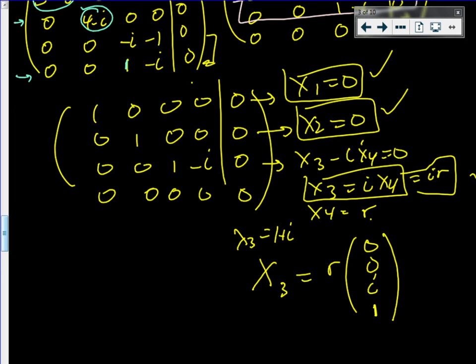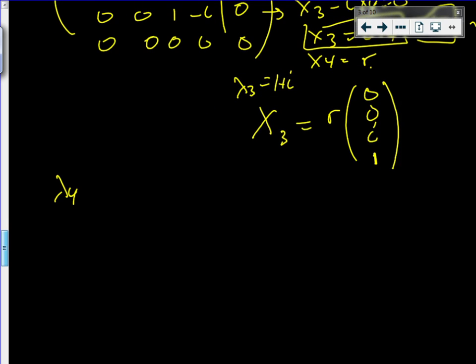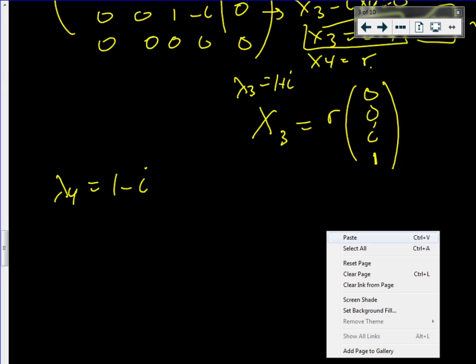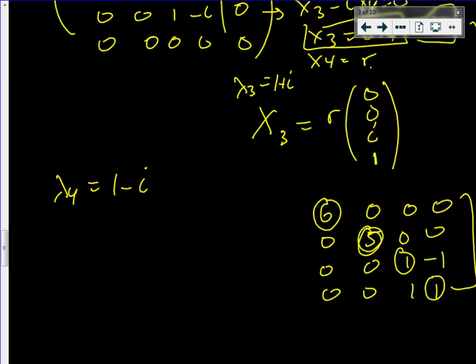Okay, looking good. Now, lambda 4 is 1 minus i. So that's what we need to subtract from the diagonal entries. From 6, we take away 1 minus i, so we get 5 plus i, and then 3 zeros.